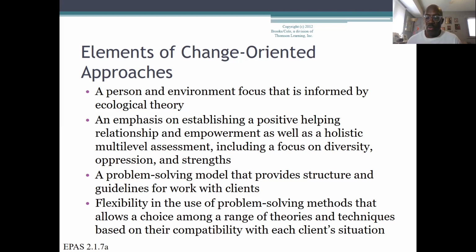Also needing to be aware of the flexibility within the different types of problem-solving methods and understanding a little bit about the theories behind each of them to figure out what's going to work for your clients. You may have 2 or 3 different clients that come in with the same presenting issues, and if you assess, you can figure out that they might be very similar in terms of their impact on this family or this individual or functioning or behavior.